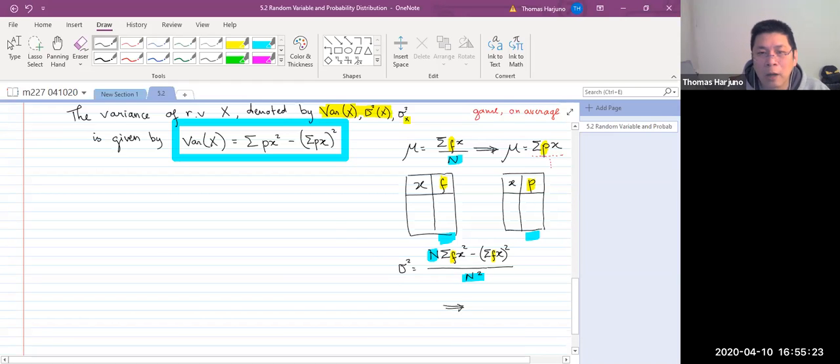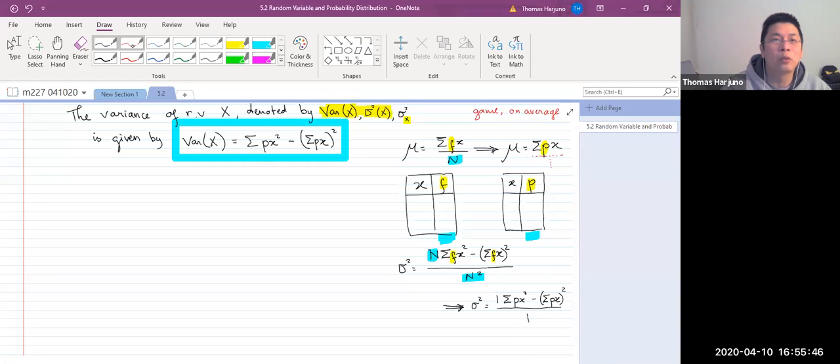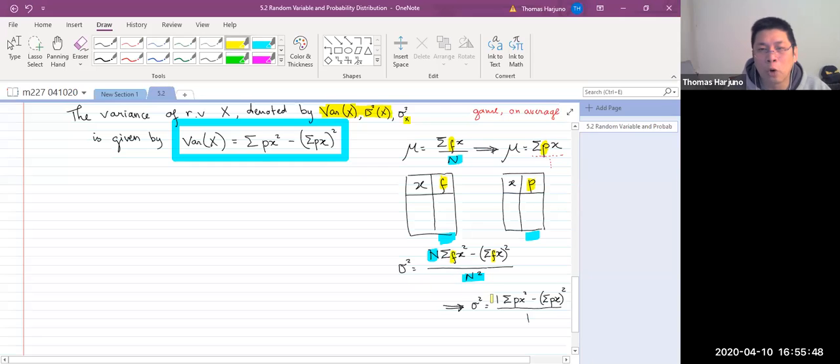If n becomes 1, I will get 1 times the sum of p x squared minus the quantity of the sum of p x being squared over 1. But if you omit the 1 here, divided by 1, multiplied by 1, then the formula here is basically the formula we have here in the blue box. You see what I mean?